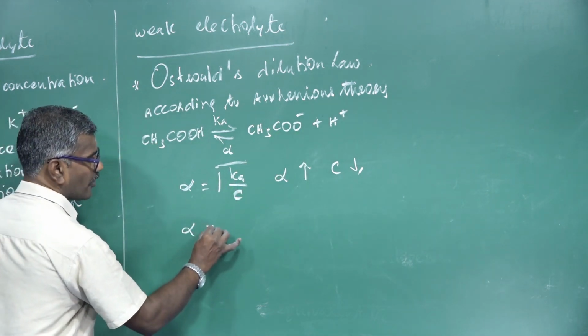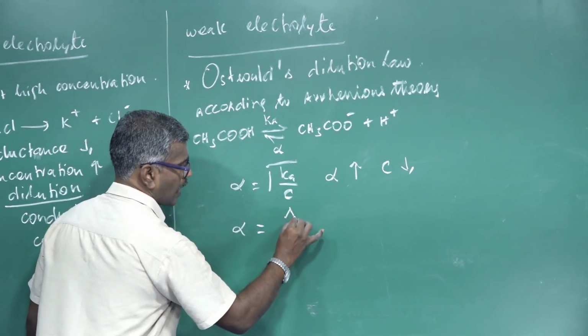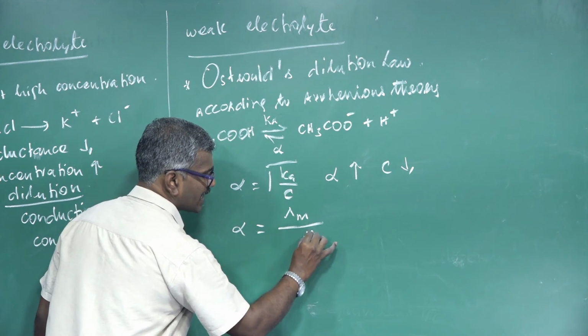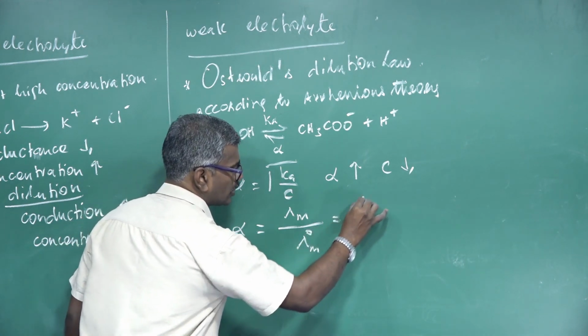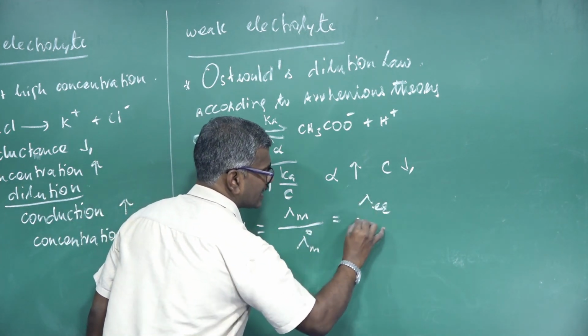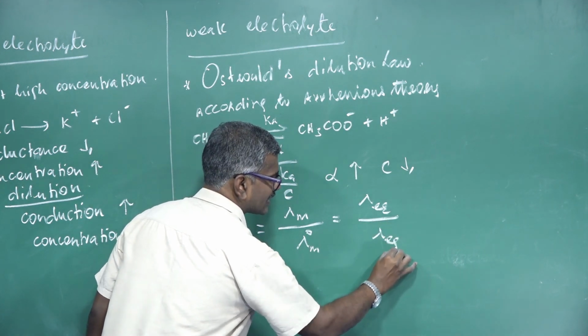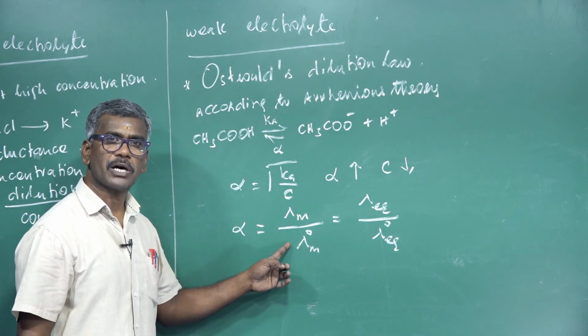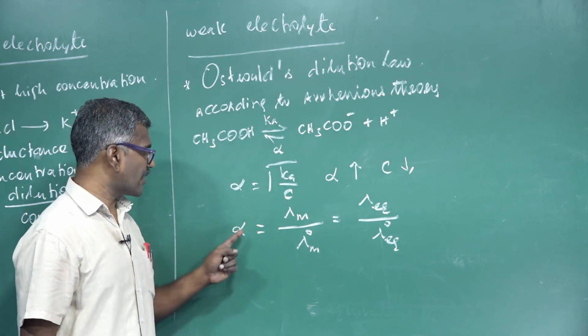Likewise, alpha is molar conductance divided by molar conductance at infinite dilution, which equals equivalent conductance divided by equivalent conductance at infinite dilution. Based on this equation, one more question may be asked: what is alpha?